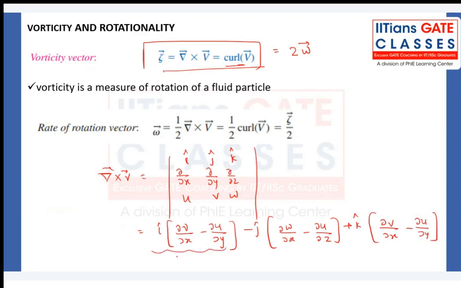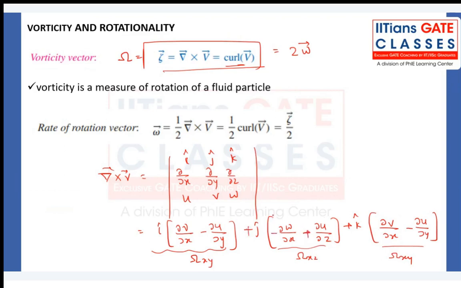Sometimes we also represent it like this. So vorticity about xy and vorticity about xz. This is the vorticity in xy. So when you just take the minus sign here, you will be writing like this. Same expression. See, check it out.